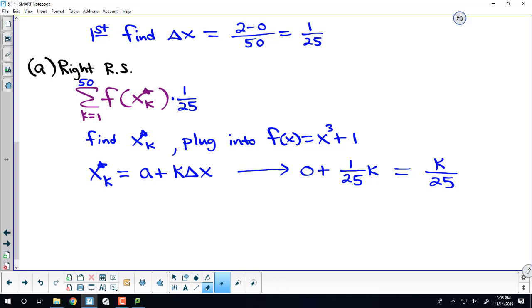No, k was associated with the x sub k's, and with those, k went from 0 to n, but with the x stars, k ranges from 1 to n. Remember, these were giving us our grid points. Those are like the end points of each rectangle. But to be more efficient, we're not going to list all of those out anymore.